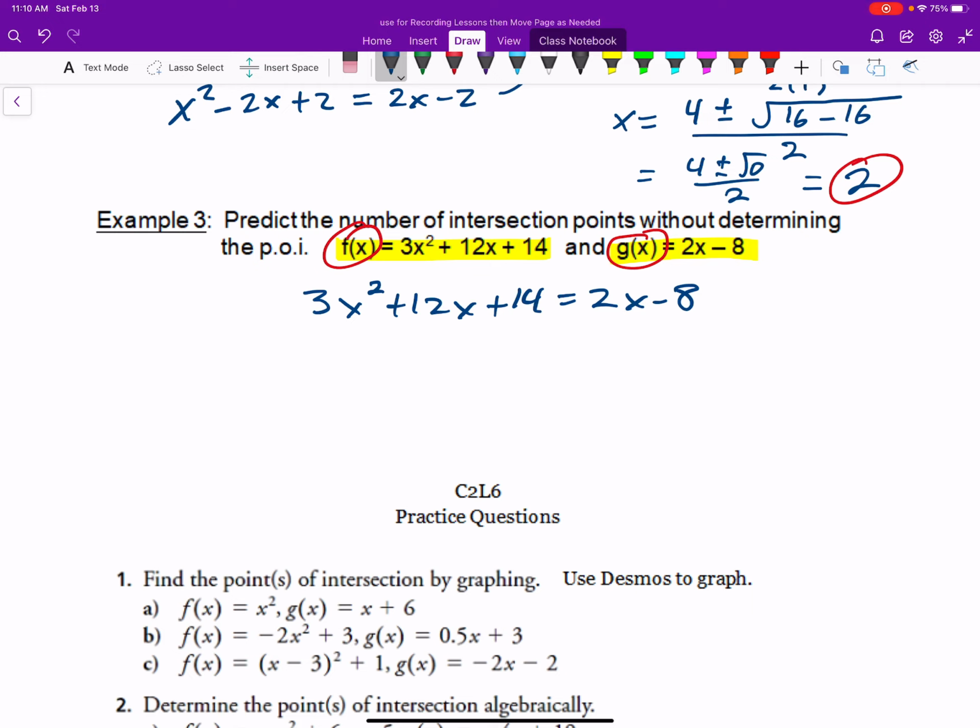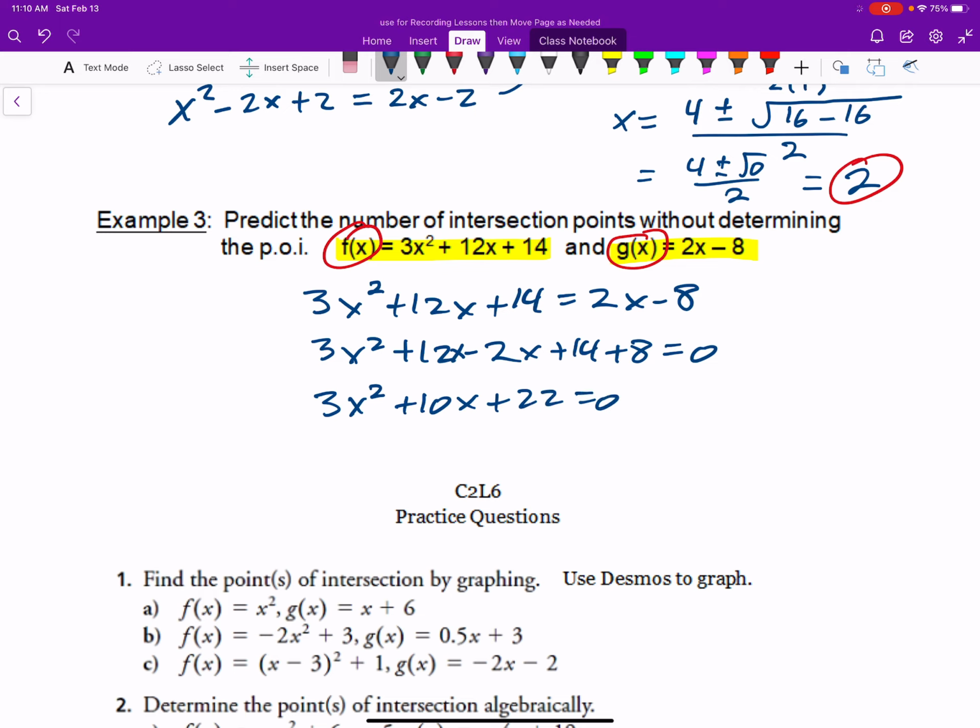Again, bring everything over to one side. So I got 3x squared plus 12x minus 2x plus 14 plus 8. Again, bringing over the 2x and the minus 8 and changing the sign as I do it. Collecting my like terms, I got 3x squared plus 10x plus 22 equals 0. So I've got a quadratic in standard form.